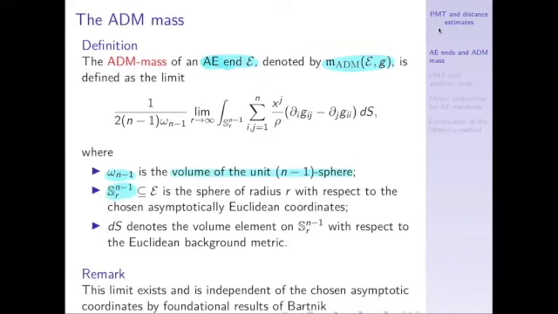And of course, ds is the volume element on S n minus 1 r, which is induced by the Euclidean background metric. Note that this limit exists and is independent of the chosen asymptotic coordinates by foundational results of Bartnik.